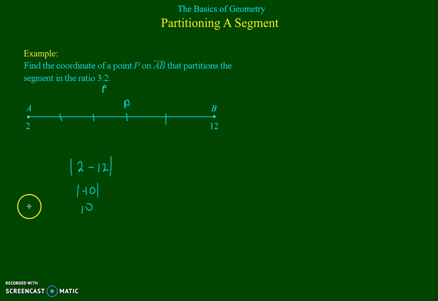So this is the length of AB. That's 10. Now, to find the length of each piece, we're going to divide that number by the number of pieces. And so since we have 5 pieces, we're going to divide this number by 5. So 10 divided by 5 equals 2.